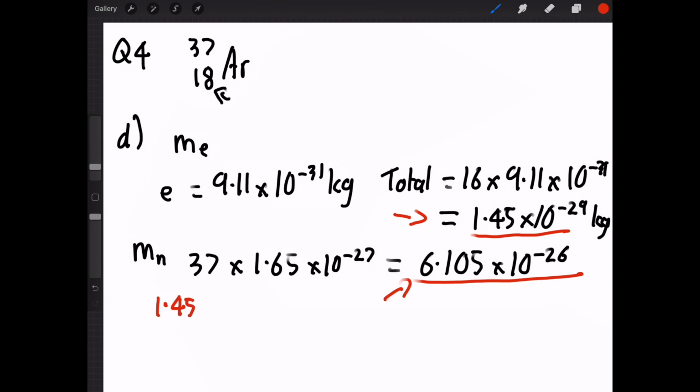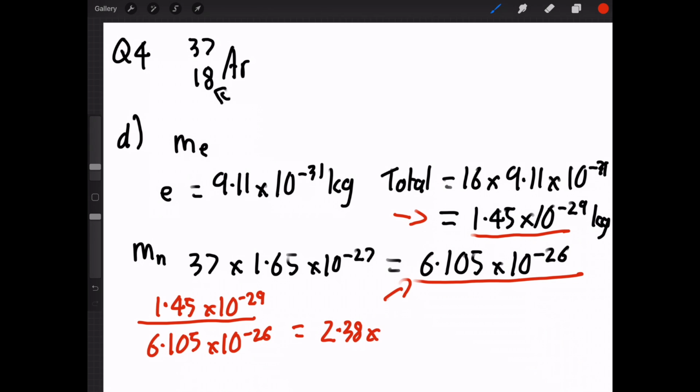We've got 1.45 times 10 to the power minus 29 divided by 6.105 times 10 raised to the power minus 26. And that gives us a ratio of 2.38 times 10 to the power minus 4, which is approximately 0.24%, which sounds about right.